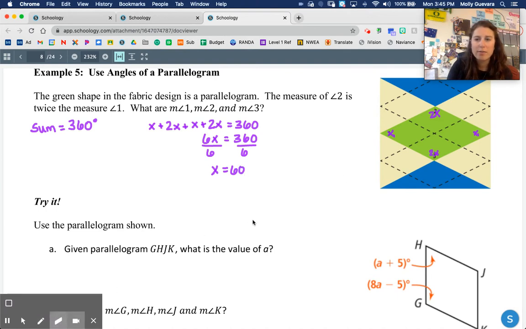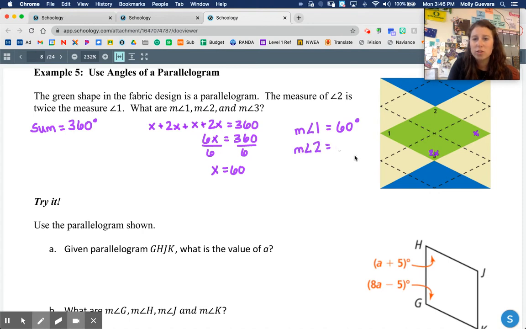Now if I erase this because it's hard to see, x is the measure of angle 1. So the measure of angle 1 is 60 degrees, which means that the measure of angle 2 is 2 times x, so 2 times 60, which is 120.